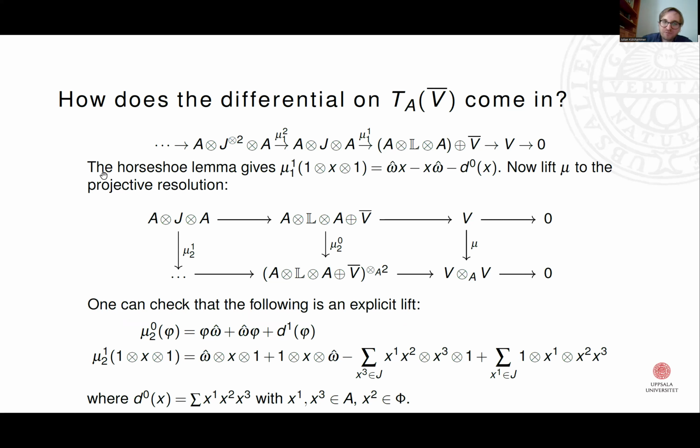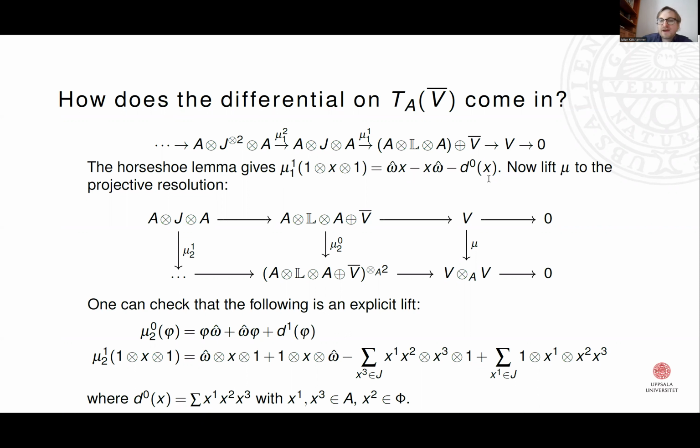If you go through the proof of the horseshoe lemma, you see that you can choose mu1 of 1 tensor x tensor 1, where x is in the radical, to be omega hat, which is some sort of generator of this L, omega hat x minus x omega hat minus d0 of x.